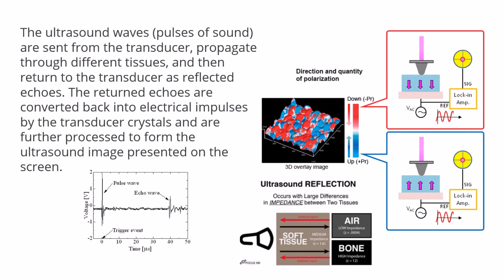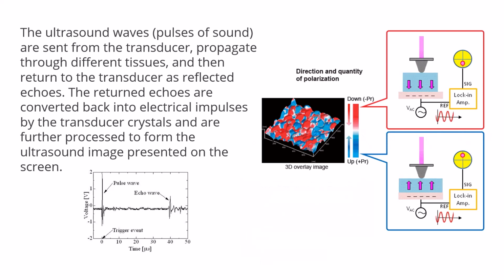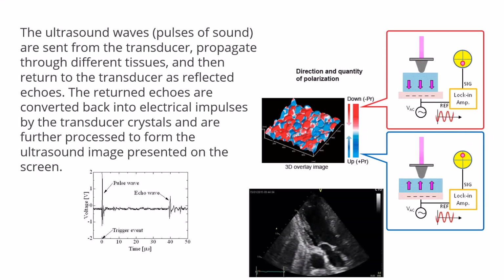The ultrasound waves, pulses of sound, are sent from the transducer and propagate through different tissues, and then return to the transducer as reflected echoes. The returned echoes are converted back into electrical impulses by the transducer crystals and are further processed to form the ultrasound image presented on the ultrasound monitor.